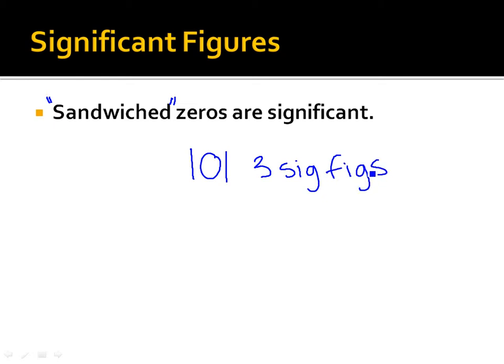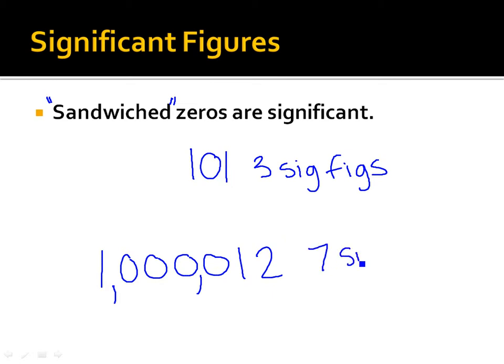Okay, we could look at a number like this. Because all 4 of these zeros are sandwiched between 2 non-zero digits, it makes all of these zeros significant. So we would have 1, 2, 3, 4, 5, 6, 7. We would have 7 significant figures.